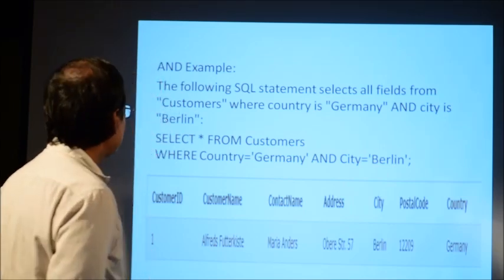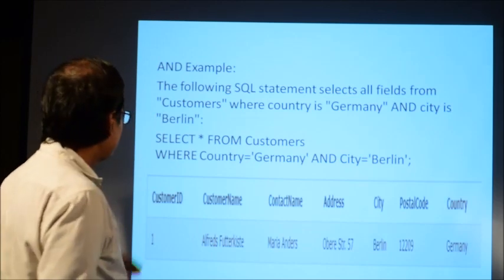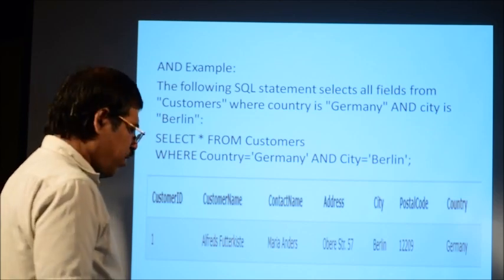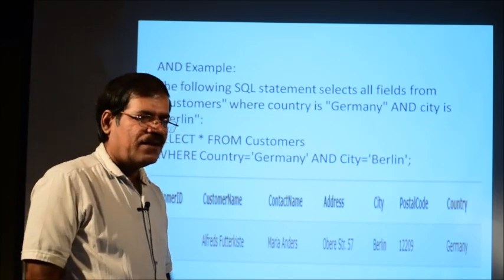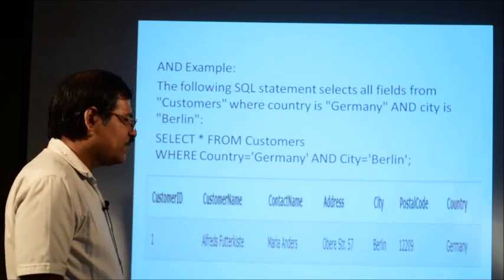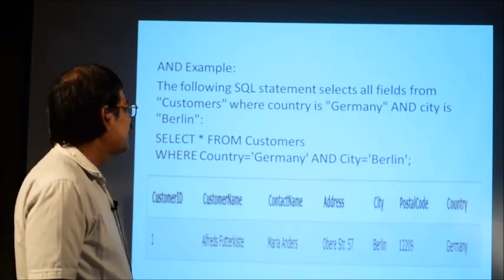So, what is written in the SQL statement? At the top is the English statement. In the SQL statement you write below: select star from customers, meaning you select from the customer table. Your condition is country equal to Germany and city equal to Berlin.